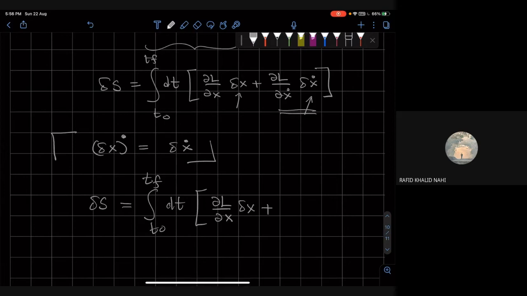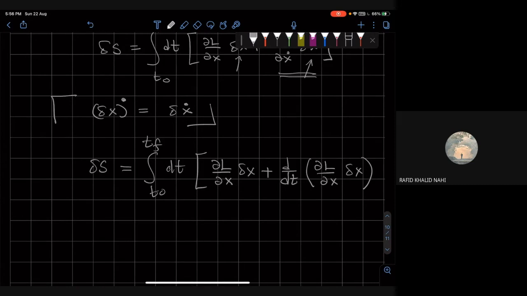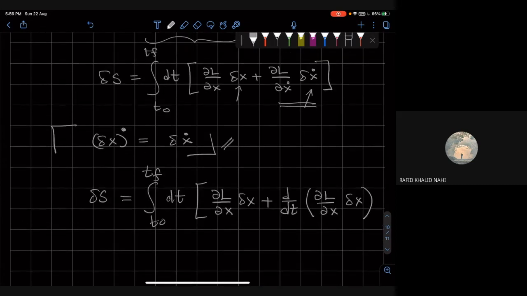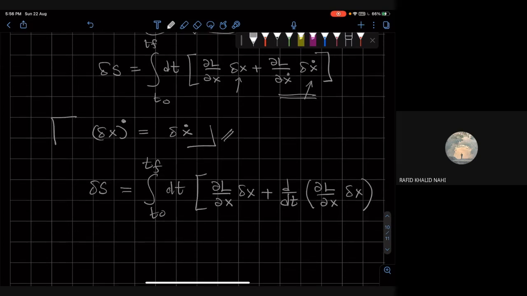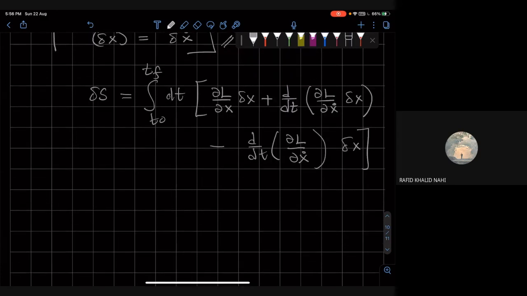The second term, we get a total derivative with respect to time of partial L by partial x dot delta x, and here I'm using the fact that the time derivative can be pulled out of the variation, minus d by dt acting on partial L by partial x dot, times delta x.